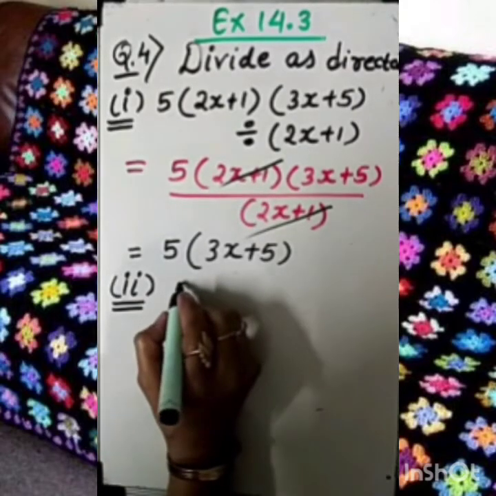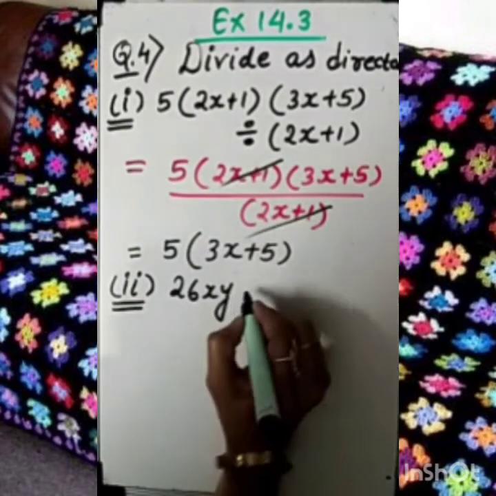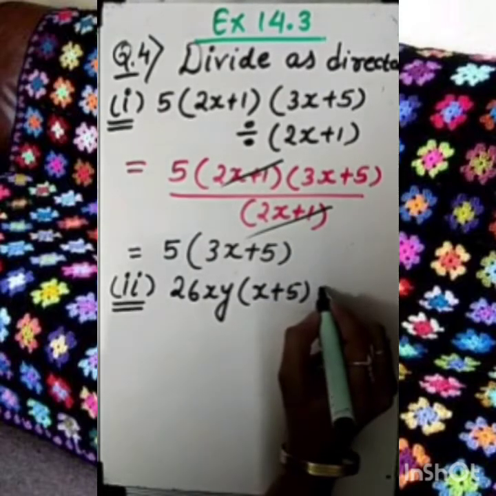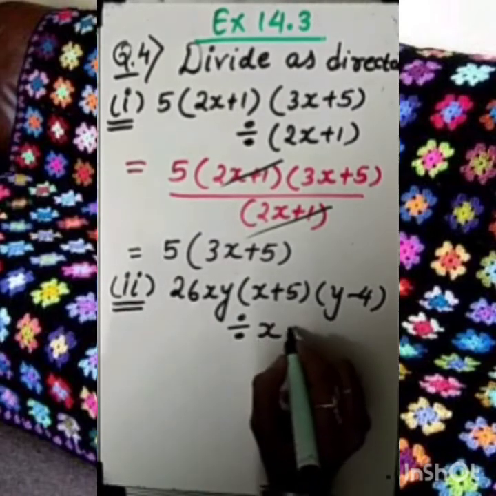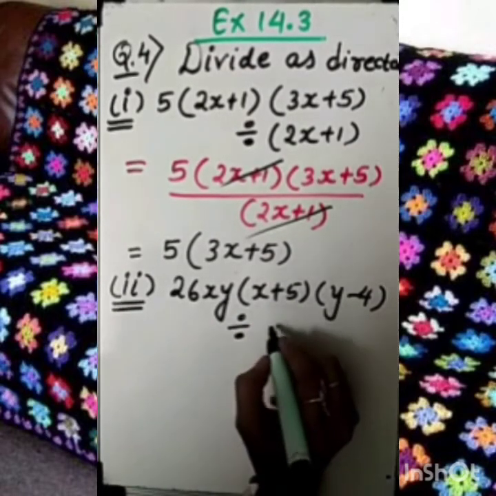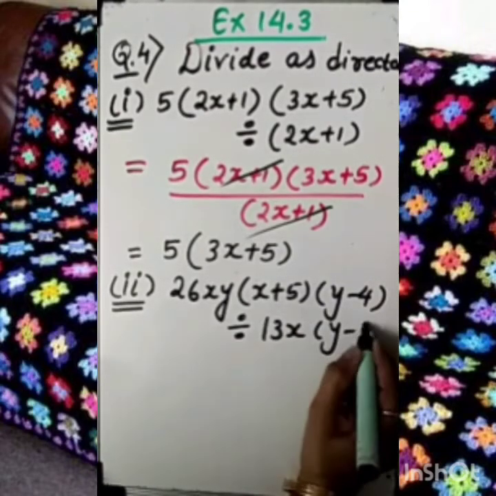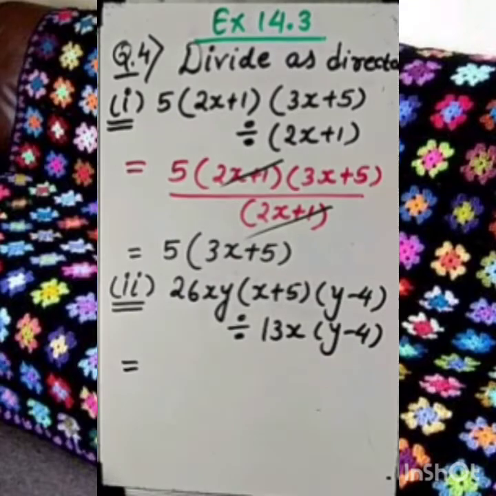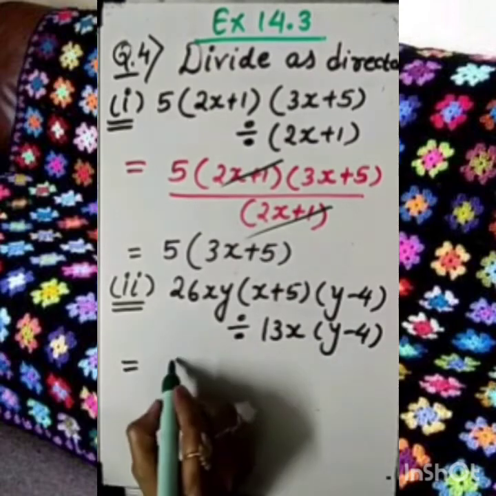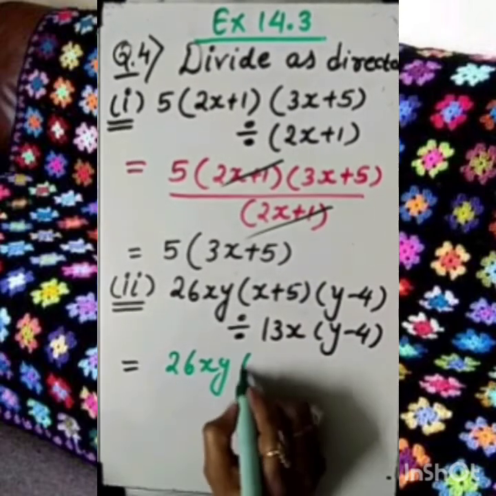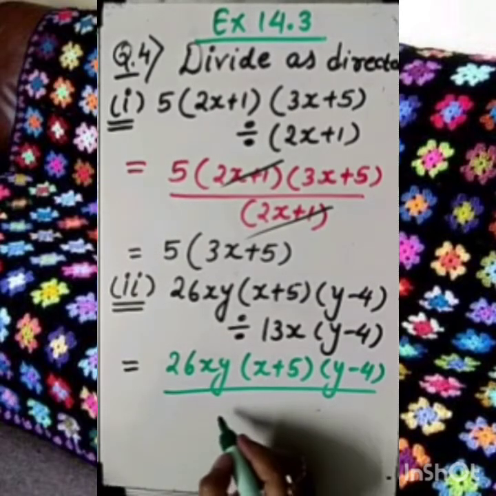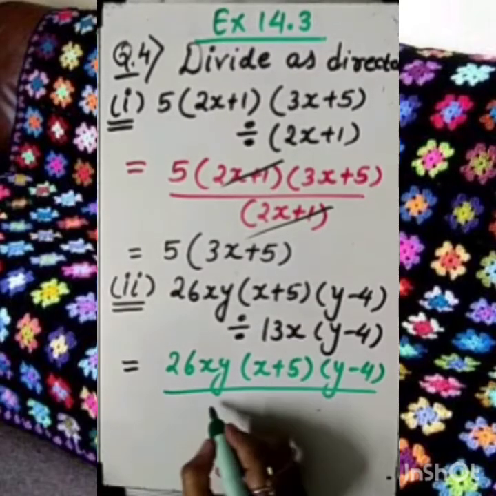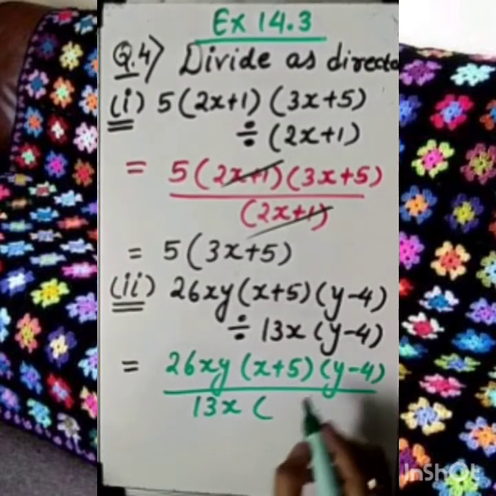Let's see how to solve the second. We are given 26xy(x plus 5)(y minus 4), which we have to divide by 13x(y minus 4). This is the question. As usual, whatever we are given, we write in the numerator first: 26xy(x plus 5)(y minus 4) in the numerator, and in the denominator 13x and y minus 4.